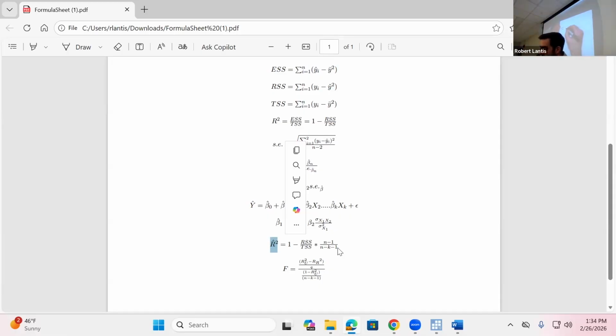It was equal to 1 minus, and this is where I likely wouldn't ask you this question, but just more conceptually, if R squared is the proportion of variation we can explain, 1 minus what would give me the proportion I can explain? 1 minus the proportion that I can't explain. Those have to add up to 1.